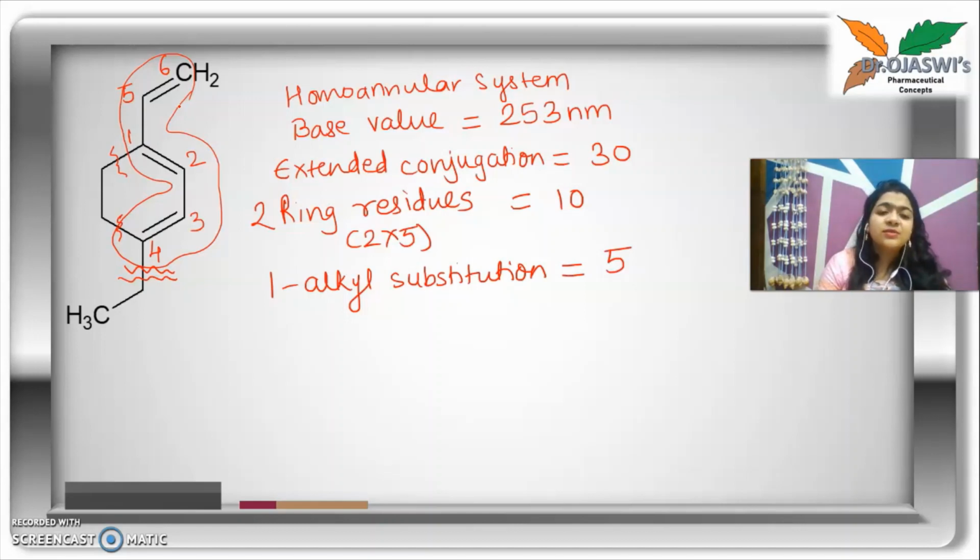Only one alkyl substitution is present on carbon number 4. So we are increasing only 5 units. Now all these double bonds which are between carbon number 4, 3, 1, 2 and 5, 6, these cannot be called exocyclic double bonds.